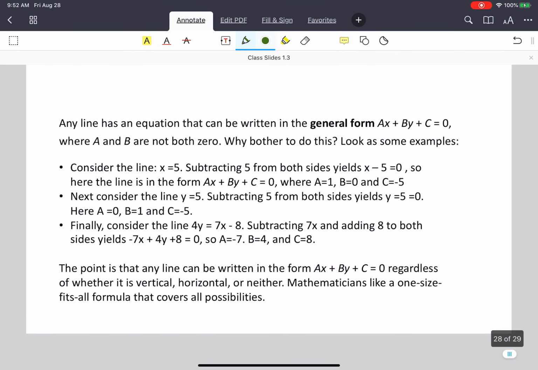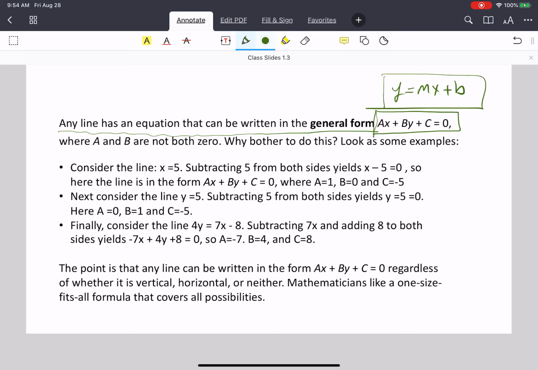All right, so now we're going to summarize our knowledge in general. This is something I mentioned earlier. Any line that has an equation that can be written as ax plus by plus c equals 0 is what we call the general form. So far we learned y equals mx plus b, which is the slope-intercept form.